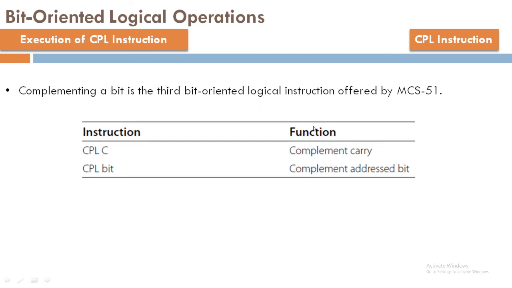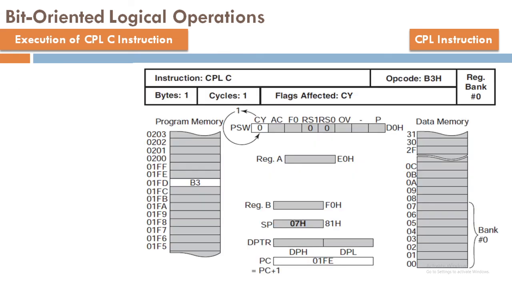Now if we talk about CPL, CPL here means complementing or providing a NOT operation. In this case we have two instructions, CPL C and CPL bit. Looking at CPL C, the operation code is B3.